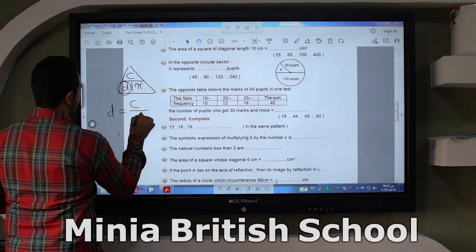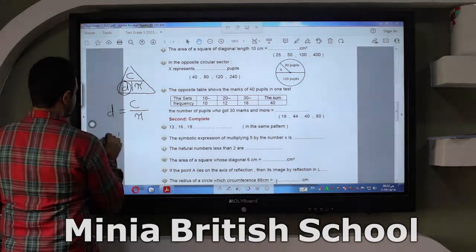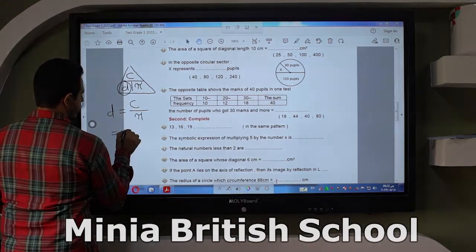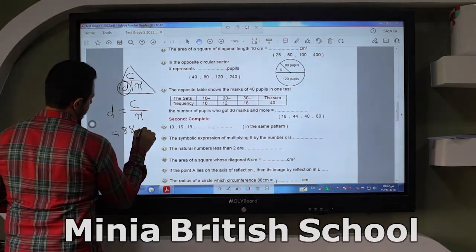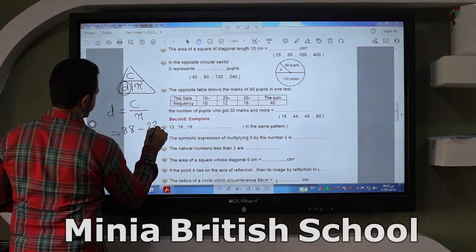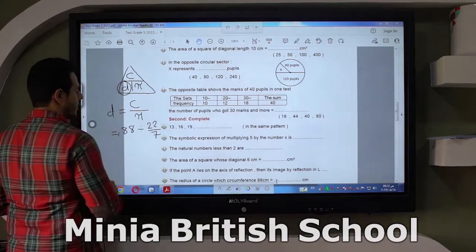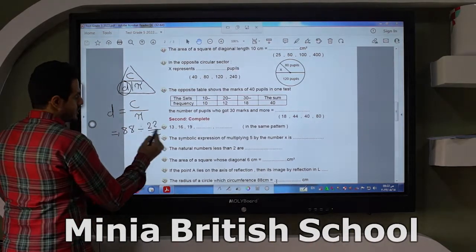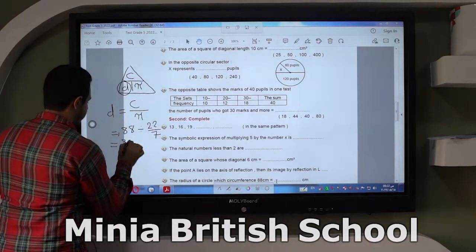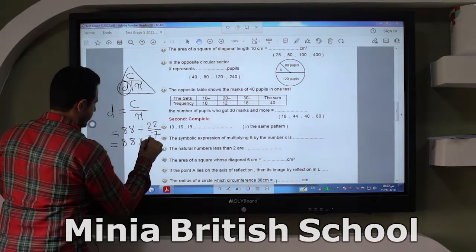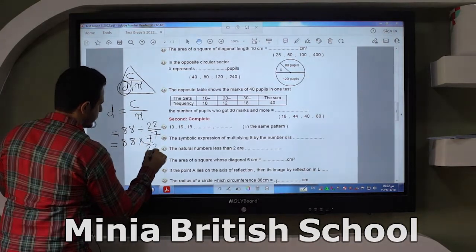C divided by pi. So it equals circumference 88 divided by 22 over 7. Now flip: 88 times 7 over 22.